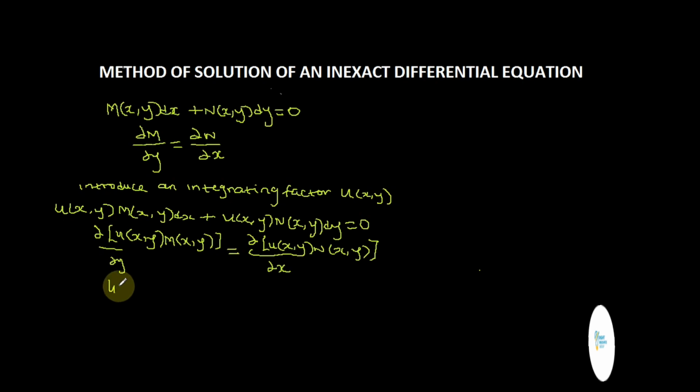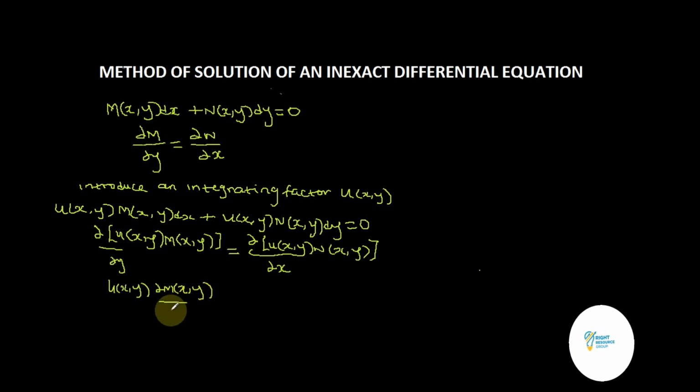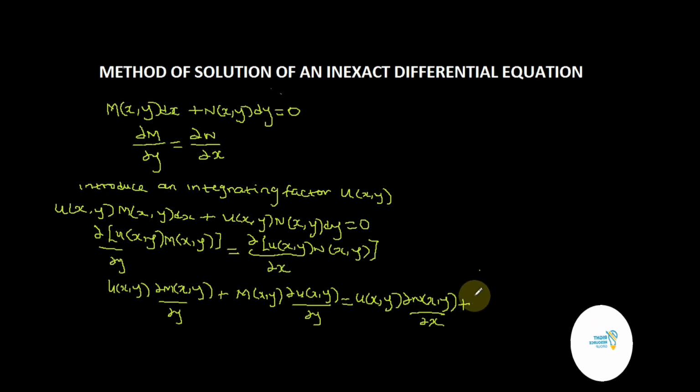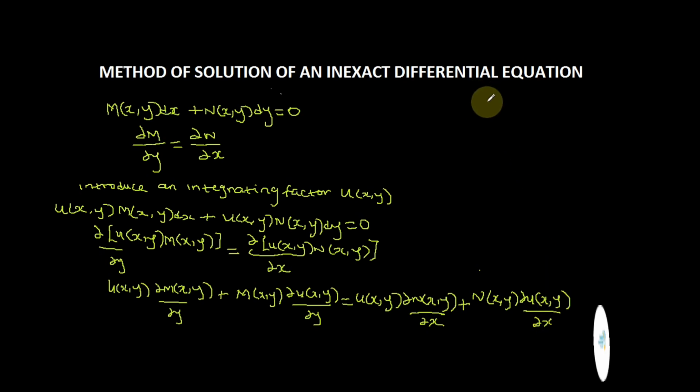Following the product rule, we leave the first, which is u, then differentiate M(x, y) with respect to y, plus, now we differentiate the first and leave the second: M(x, y) du(x, y)/dy equal to, same goes here, we leave the first, the partial of N(x, y) with respect to x, plus N(x, y) du(x, y)/dx.